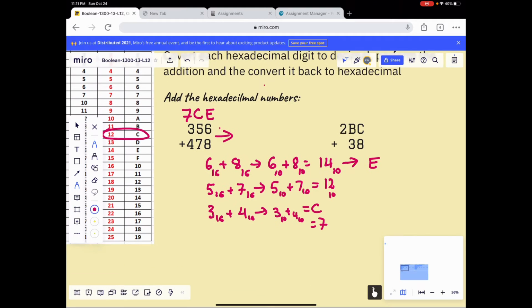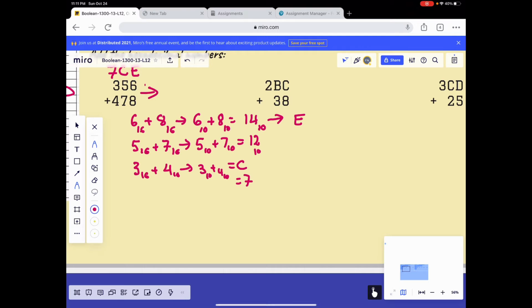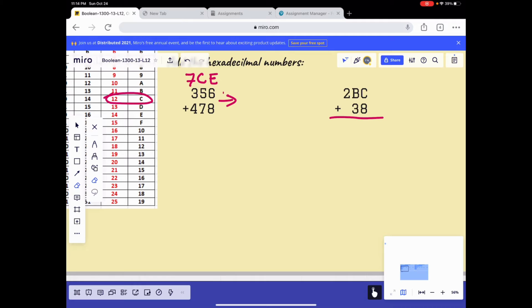Okay, I'm moving up. So let's work on the second problem here. So let's erase this one. I'm going to add 2BC plus 38. So make sure to convert to decimal first. So I'm going to line up together C and 8, B and 3, and 2.